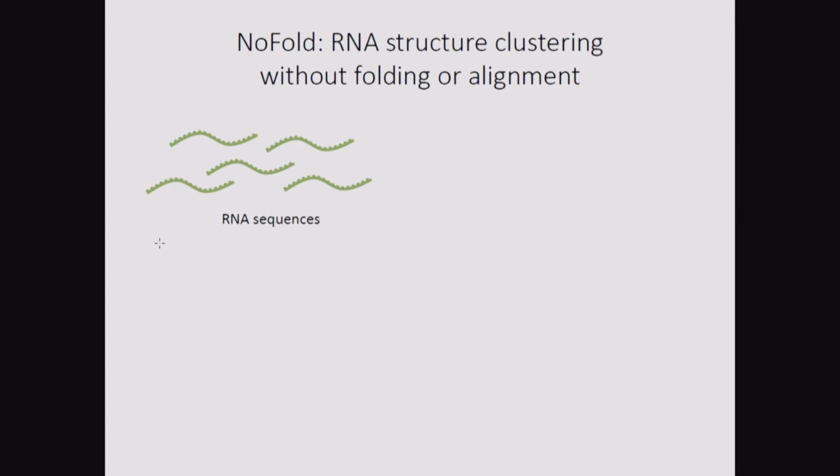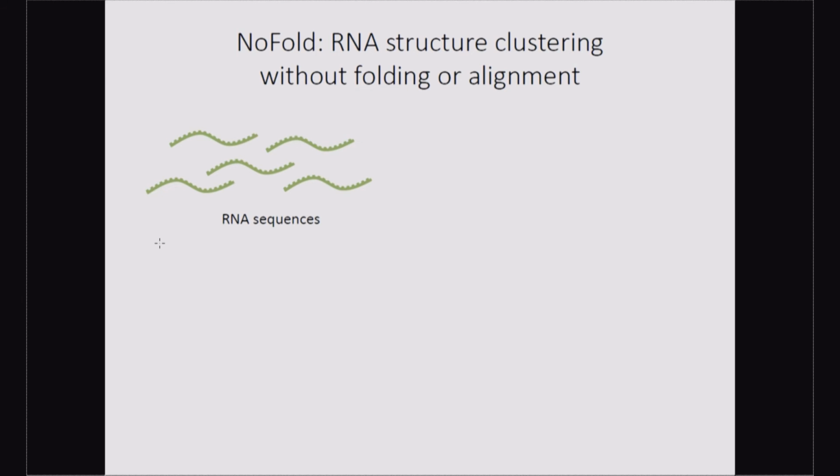So this brings me to our method. The basic idea here is that instead of comparing the sequences to each other up front, we are going to compare each sequence against a set number of landmark structure models. These structure models are chosen to represent a wide variety of structures that are taken on in nature. They're represented by what's called covariance models. These are basically a type of context-free grammar, and they're good at representing nested structures.